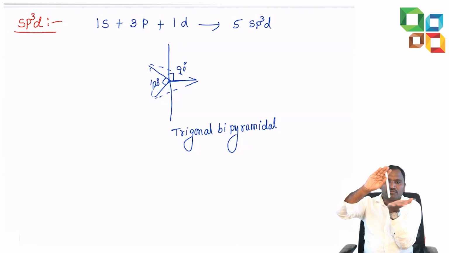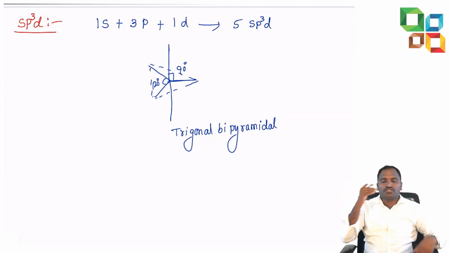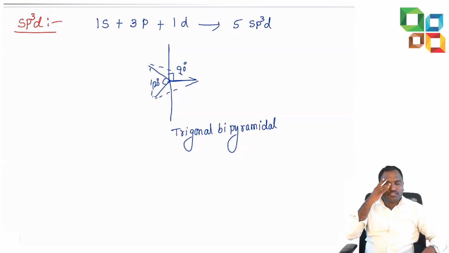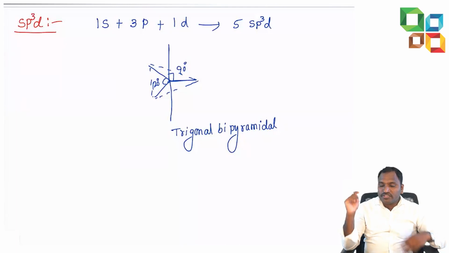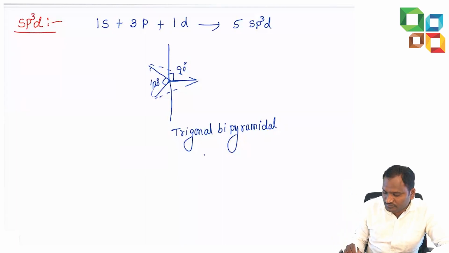So the bond angles of sp3d hybridized molecules are 90 degrees and 120. In triangular planar, the bond angle is 120.